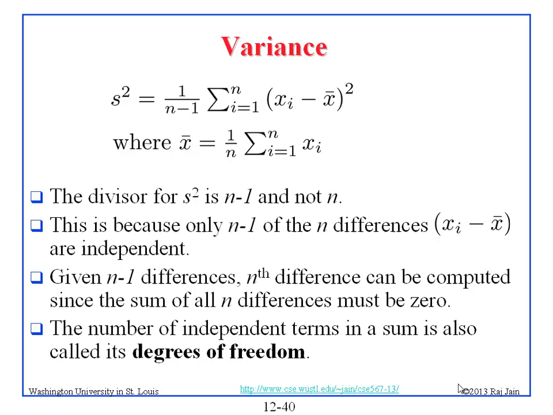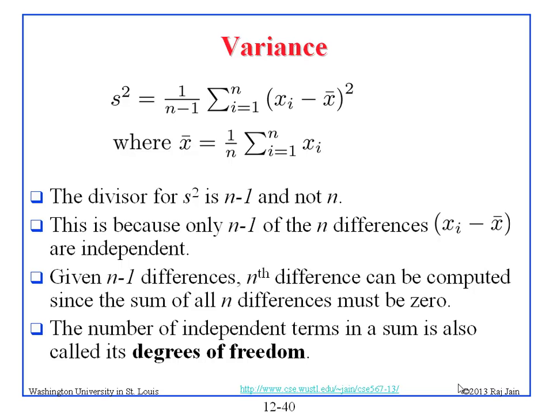Because this is the measured one, as compared to when you are writing a distribution, then you will write sigma squared. So S squared is, you take the ith value minus x bar, where x bar is the mean, squared, and add up all of them and divide by n minus 1. So notice that the divisor is n minus 1 and not n.